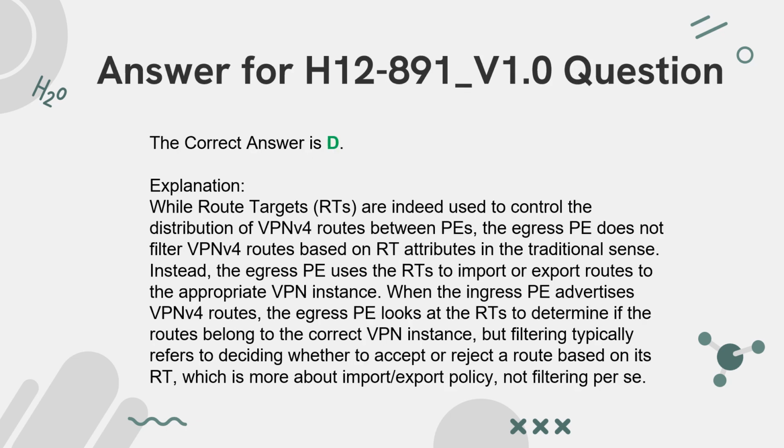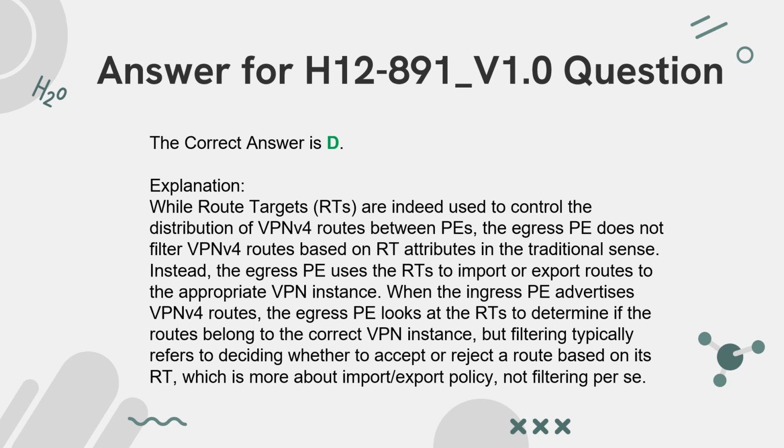The correct answer is D. While route targets, RTs, are indeed used to control the distribution of VPNv4 routes between PEs, the egress PE does not filter VPNv4 routes based on RT attributes in the traditional sense. Instead, the egress PE uses the RTs to import or export routes to the appropriate VPN instance.